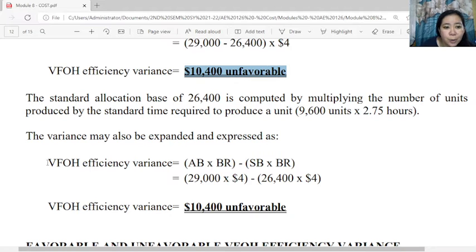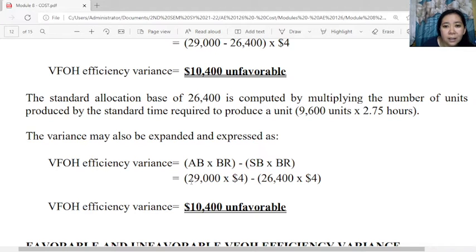You can also compute variable factory overhead efficiency variance using this formula: actual allocation base times the budgeted rate minus the standard base times the budgeted rate.